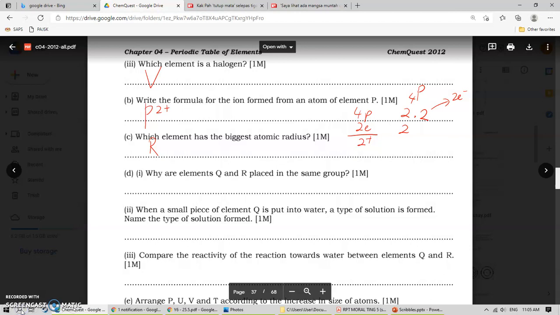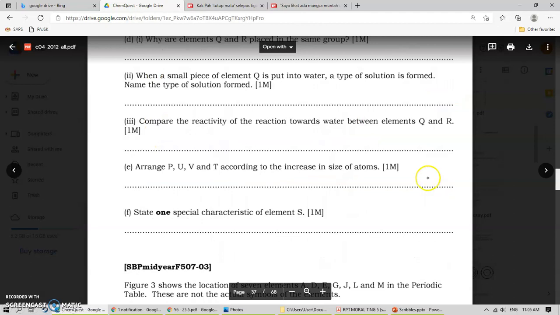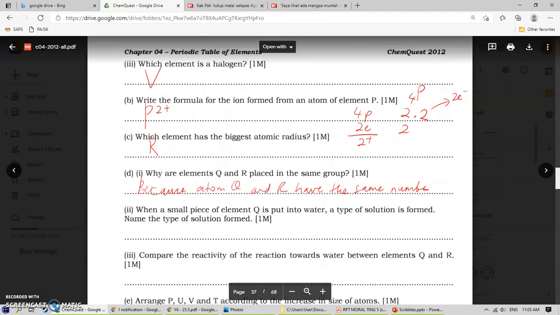Because atoms Q and R have the same number of valence electrons, which is 1.